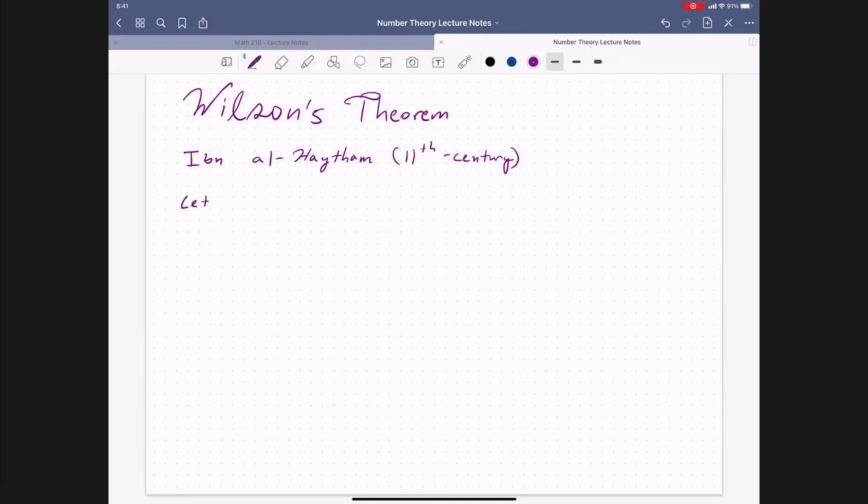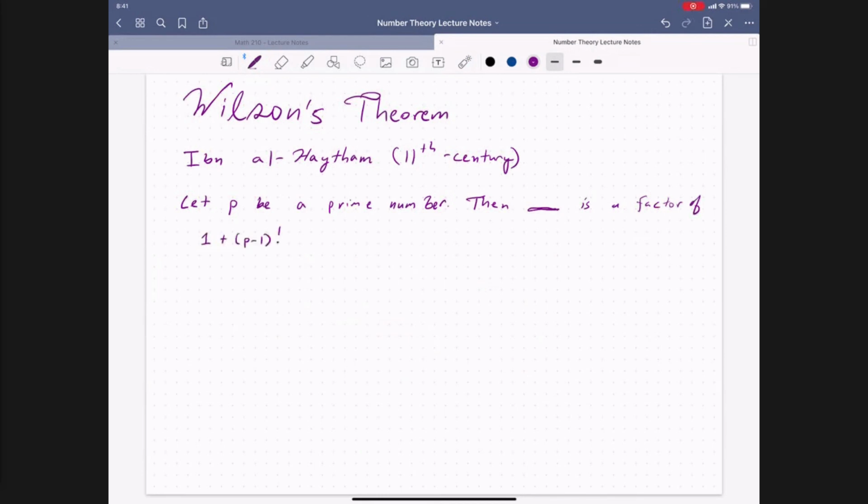So let's go ahead and suppose that p be a prime number, and without proof, this is just a numerical investigation, then I'm going to put this in blank, this is what I want you to fill in, is a factor of 1 plus (p minus 1) factorial.